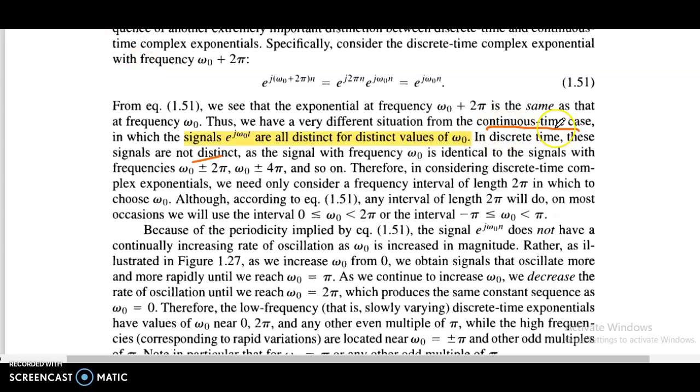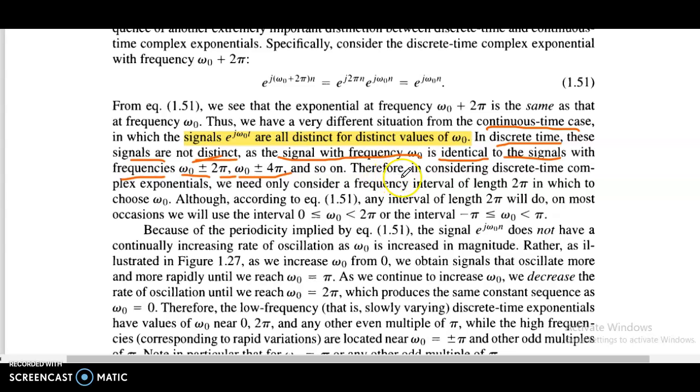In the continuous-time case, the signals e^{jω₀t} are all distinct for distinct values of ω₀. But in discrete time, these signals are not distinct, as the signal with frequency ω₀ is identical to the signals with frequencies ω₀ plus or minus 2π, ω₀ plus or minus 4π, and so on.